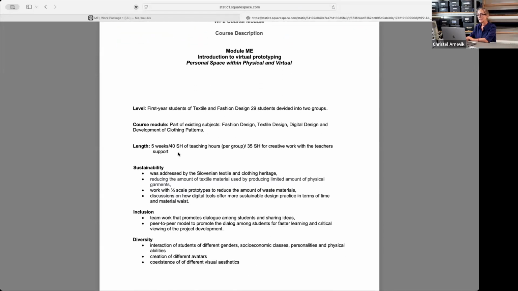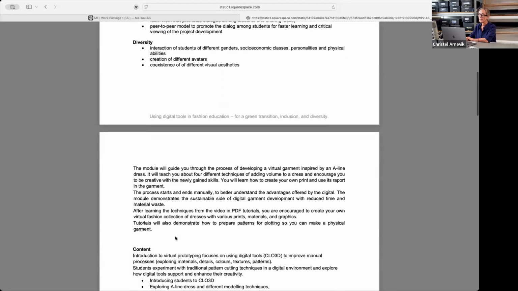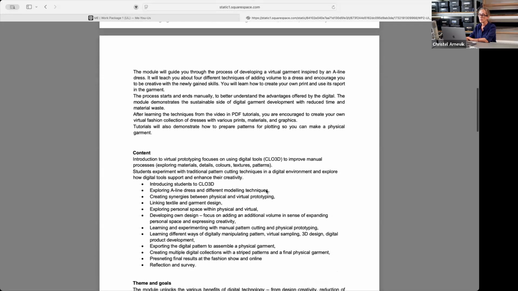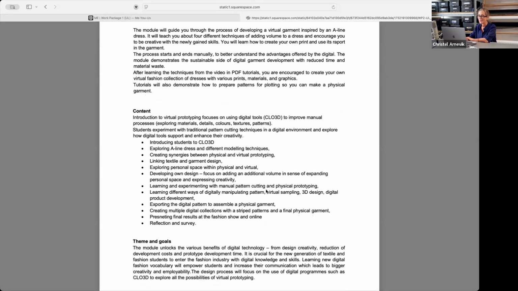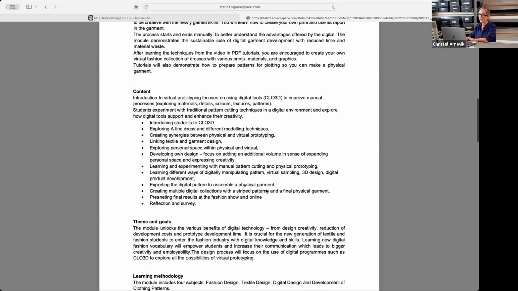It tells who the students are, what their level of knowledge is, how long the course is, and what the focus area is within sustainability, inclusion, and diversity. This could be almost plug and play if it fitted into your educational institution.